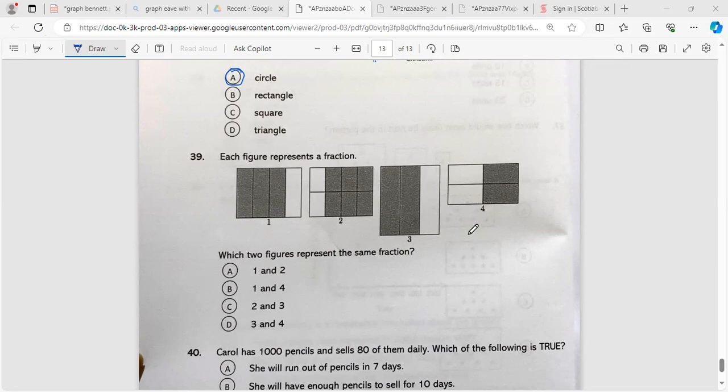Someone said B. I said A, 1 and 4. My answer is 1 and 2. Sir, I said C, 2 and 3. Yes, sir.